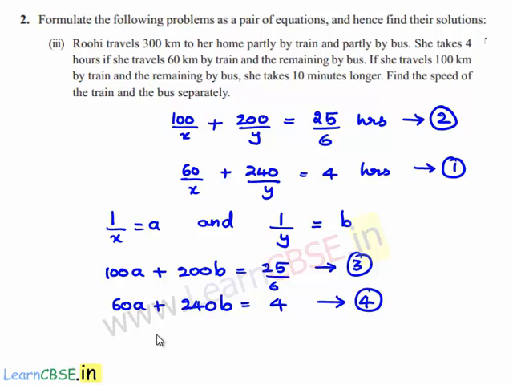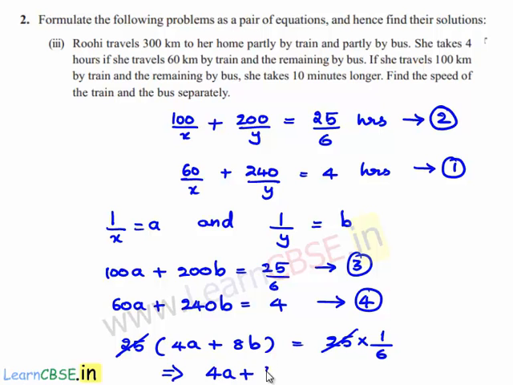From the third equation, we can take 25 as common. So we get 25 times of 4a plus 8b is equal to 25 times of 1 by 6. So 25 and 25 will be cancelled on both sides. We get 4a plus 8b is equal to 1 by 6. Let this be equation number 5.